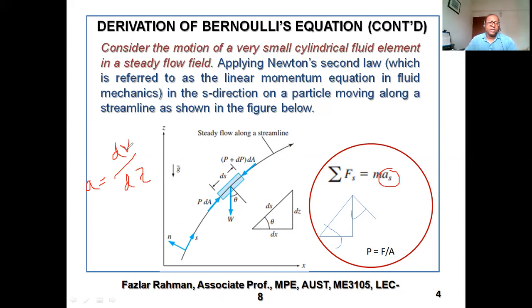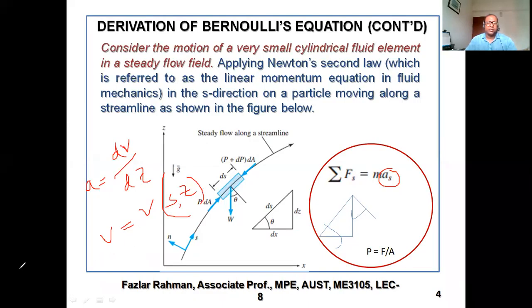Now this v, the velocity of this cylindrical fluid element, is a function of the distance traveled along the streamline. So I am saying that is s, and also time. So v is a function of s and t.